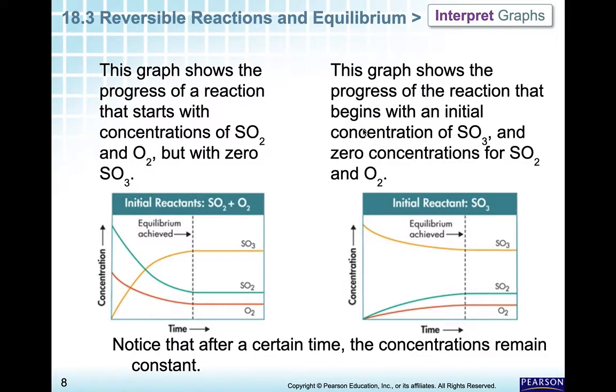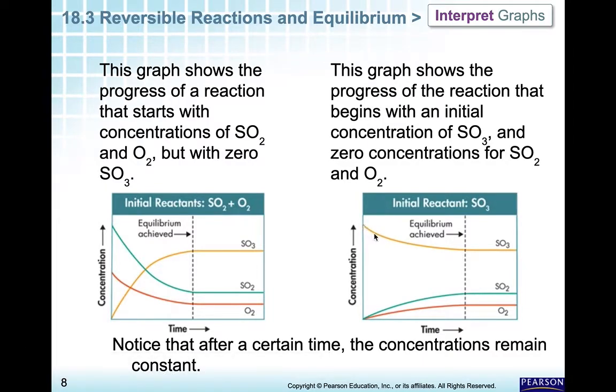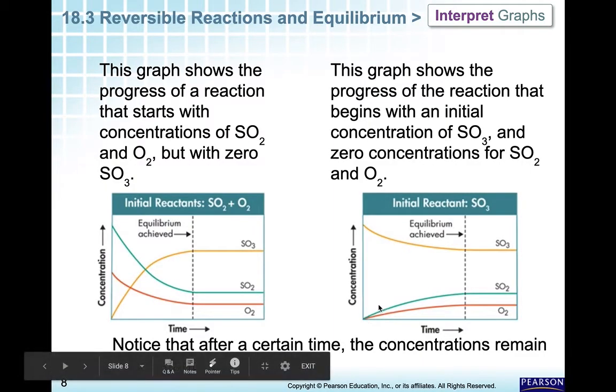But we would have gotten the exact same thing if we instead started with a large amount of SO3, so a large amount of product, and 0 reactant. Because now, initially, we have all SO3, so some of it's going to start decomposing to make more SO2 and O2.